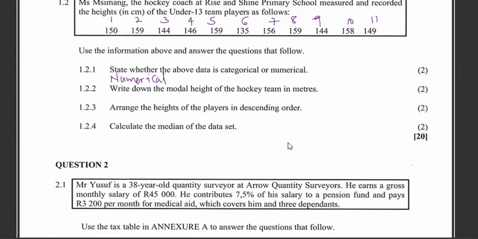Which number appears most? When you look at it critically, we have 159, 159, 159. This is once. 144, it's twice. 146, once.